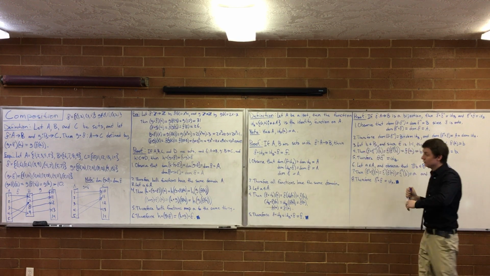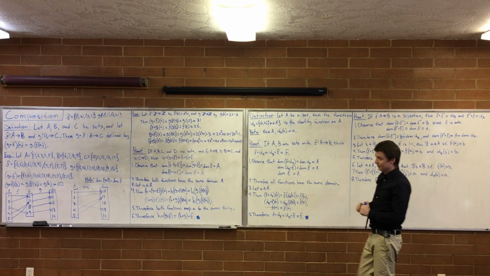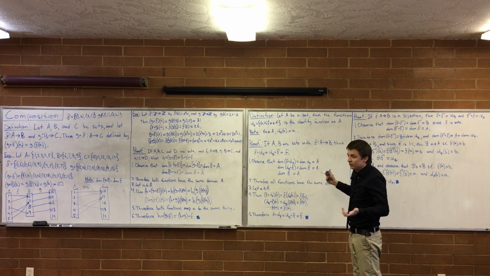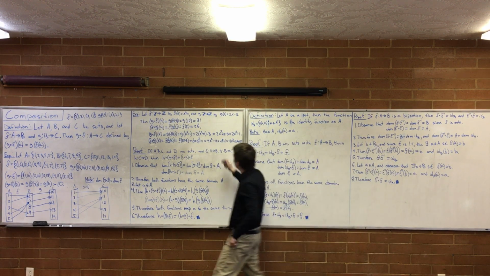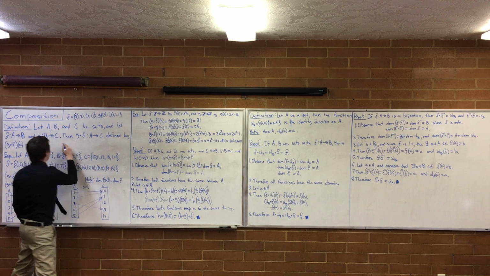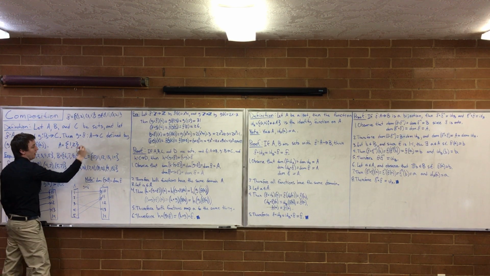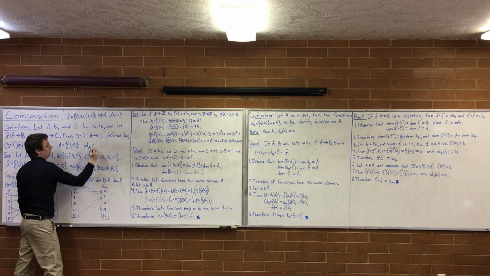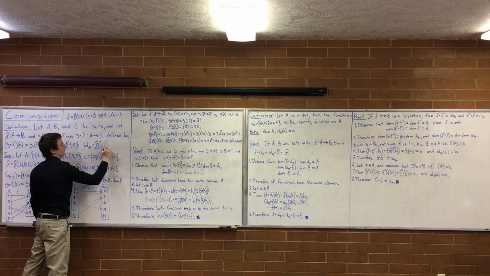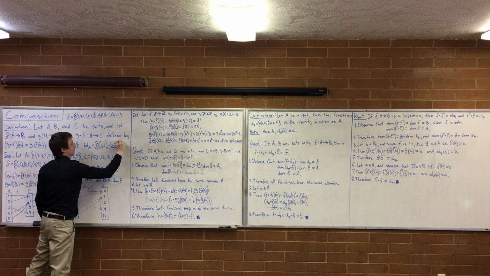Okay, give me a set A. 1, 2. So if A is equal to {1, 2}, then the identity function on A is equal to 1 goes to 1, 2 goes to 2.